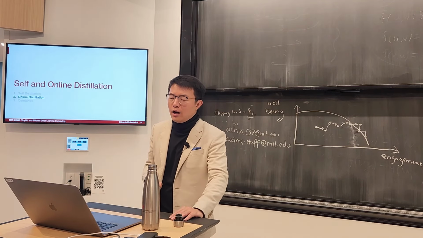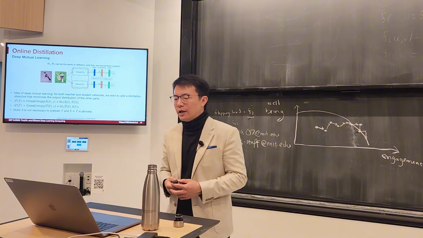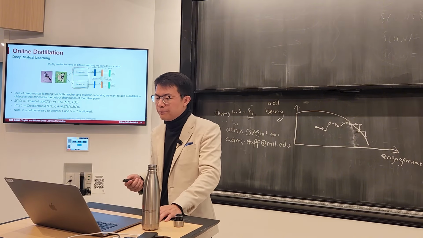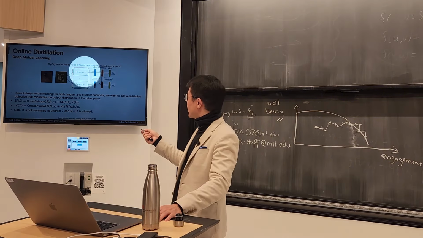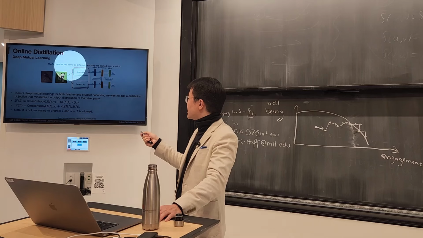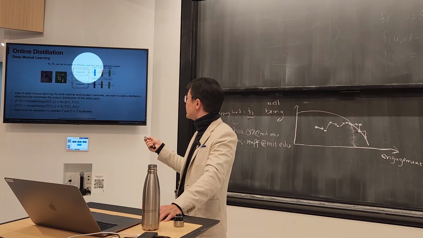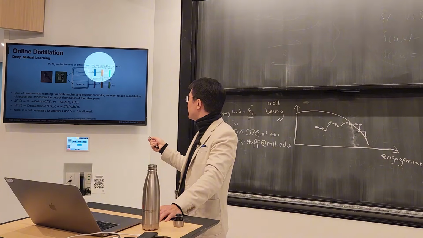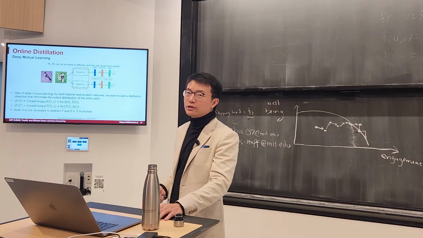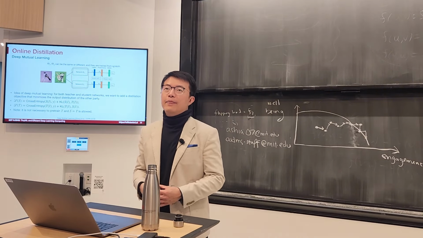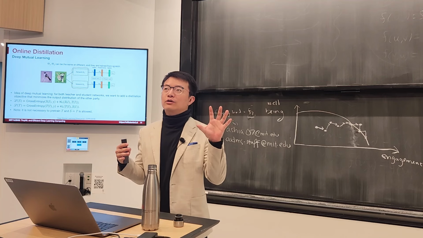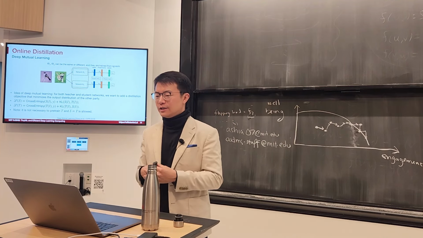We can also do online distillation. Online distillation means we have two networks, and they can be the same size. Not necessarily is the teacher larger than the student. They are trained from scratch, rather than first training the teacher model and, after that is trained, doing the distillation.